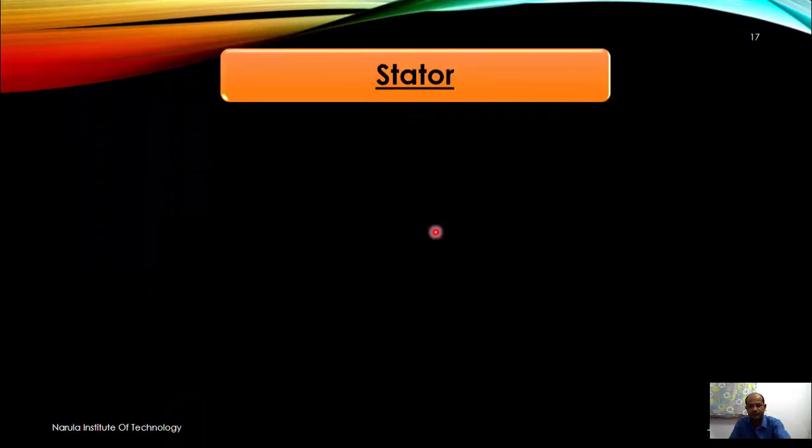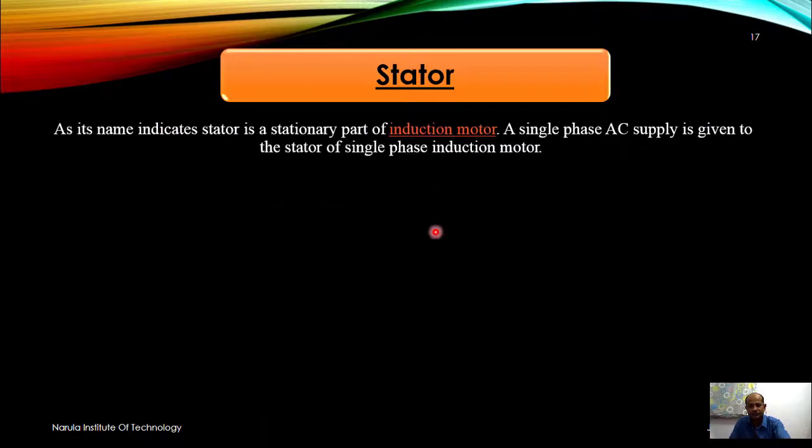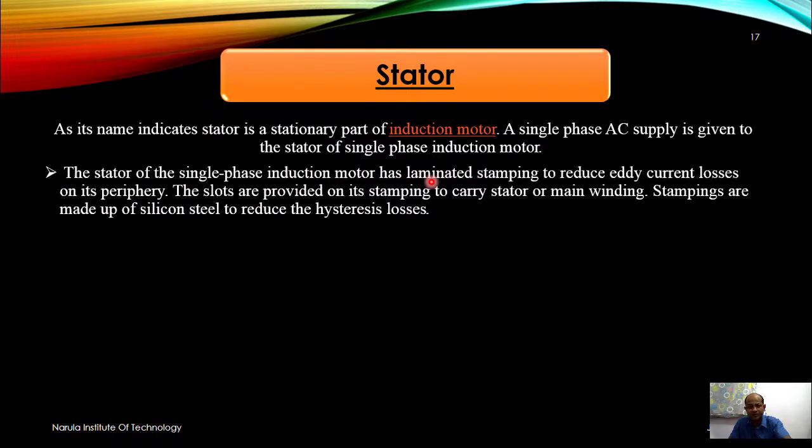Okay, so I have mentioned that the stator is the stationary part, and it has a single winding, and AC supply is provided in the single phase induction motor. And I have also mentioned that to reduce the effect of eddy current, it is laminated, and silicon steel is used to reduce the hysteresis loss, in slots and stamping, right?